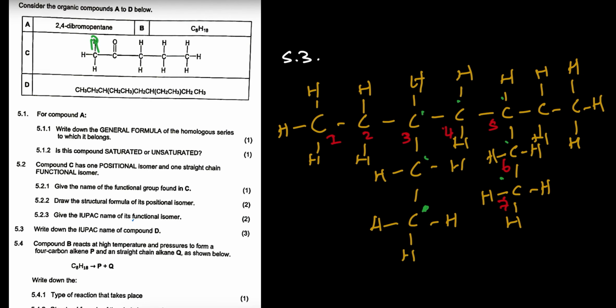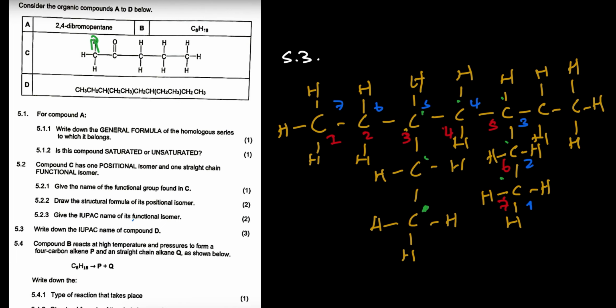But remember, you should always look at the longest chain. From this longest chain, I'm going to see if I label it on this side, if I start on this side, 1, 2, 3, 4, 5, 6, 7, which side I'm having the branch closest at the smallest number.